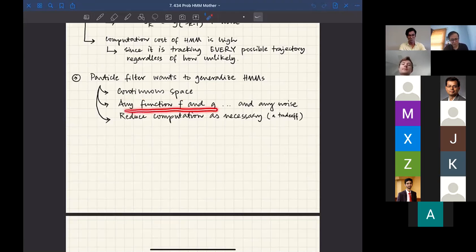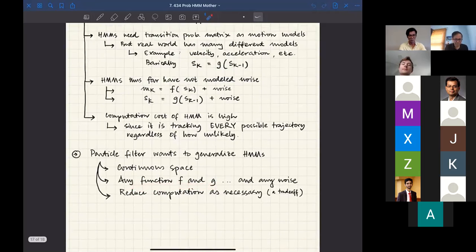It can be any function f and g, where f is the function of measurement and g is the function of the motion model or any state transition model. And it can accommodate any noise. And it can reduce computation as necessary, of course, with a trade-off that your accuracy of tracking will go down. But it'll go down not dramatically, it'll go down optimally. It'll go down a little bit, and yet you'll gain quite a lot in your CPU computation.